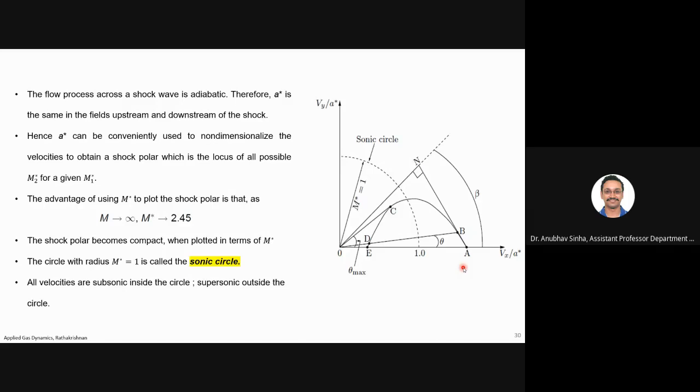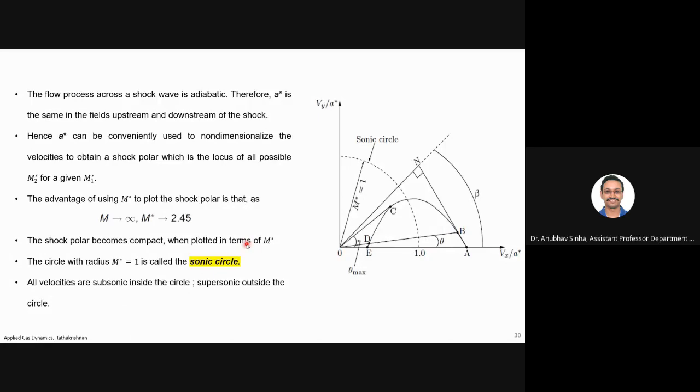Can you tell me from looking at this figure? Sir, C has a strong shock and D has a weak shock. Correct. Whenever the flow becomes subsonic after the shock, it is called a strong shock. So C, D, E, these solutions have strong shock. And when your result is B, it means that the flow is still supersonic, so it is a weak shock. Okay, good.